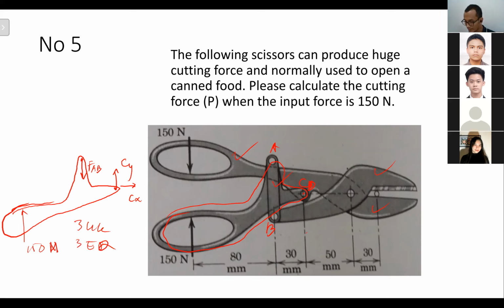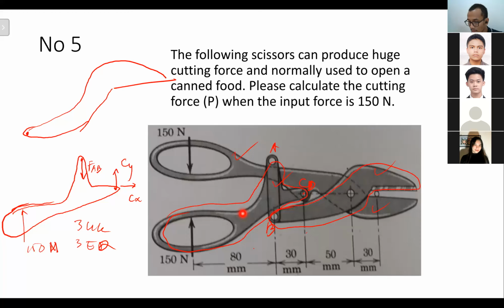Okay. Then after that, we solve for this particular one. That one is tension, Matthew. So then after that, let me draw for this. Because FAB is under tension, then at point B here, where is the direction of FAB?